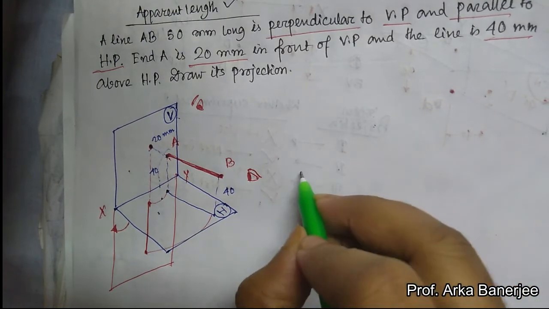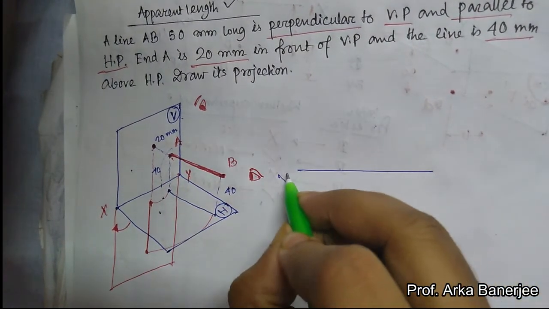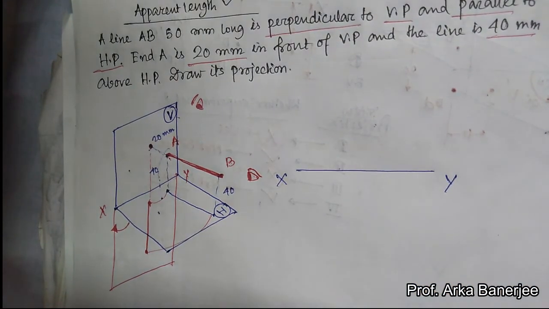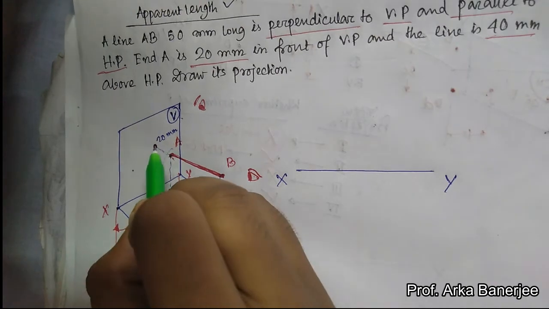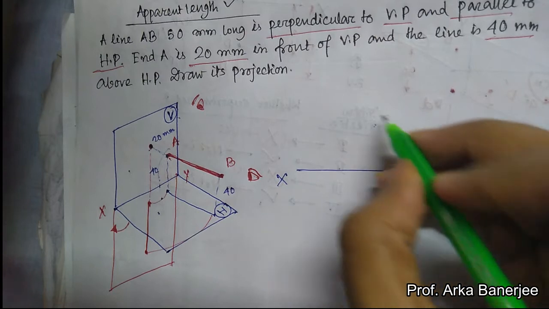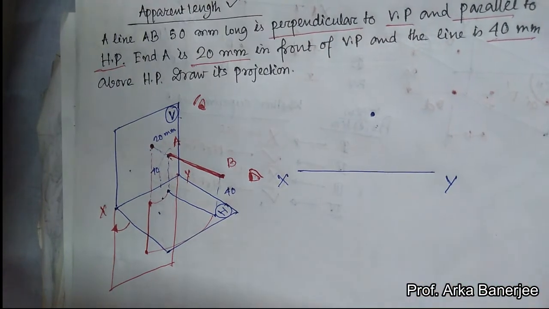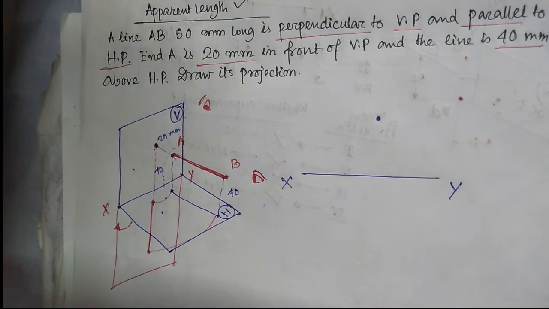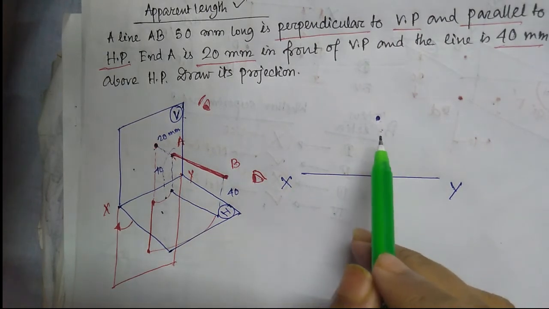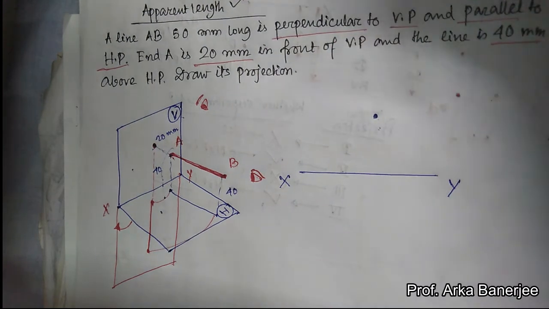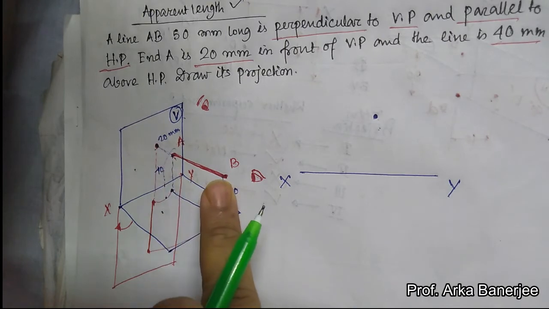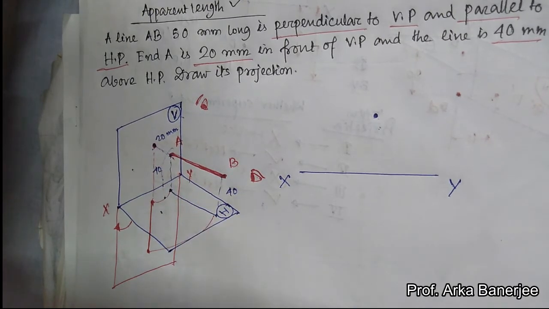Now what is this length? 40. So you will draw the principal axis XY first, then we will draw this point at how much distance from XY? 40 millimeter. So at a distance of 40 millimeter you draw this point from XY. Now this particular point is actually representing 2 points, B and A. Which point is nearer to the observer?